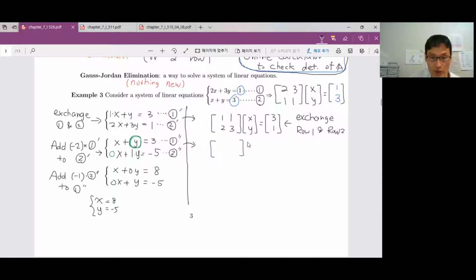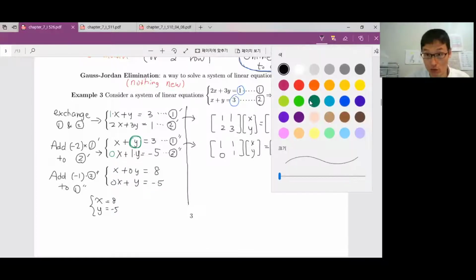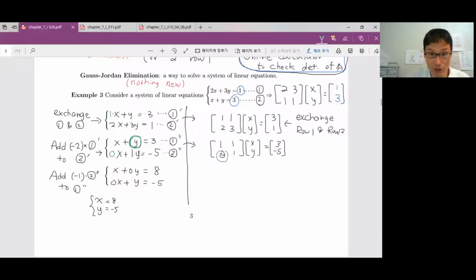Next, look at the next system. Taking coefficients, you can express this system as matrix multiplication. We have 1, 1, 0, 1, and then 3, -5. So what happened is, the change is we have 0 in this green bubble.